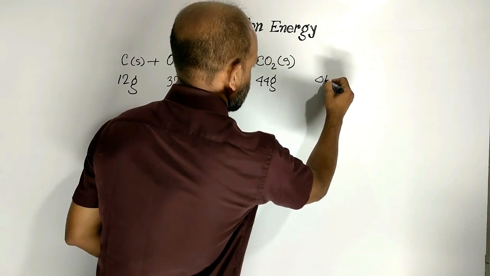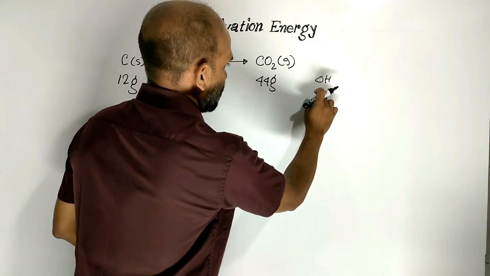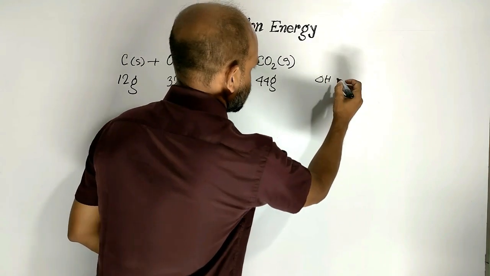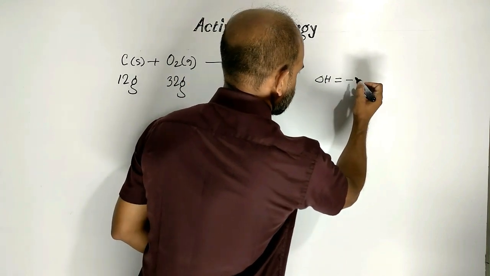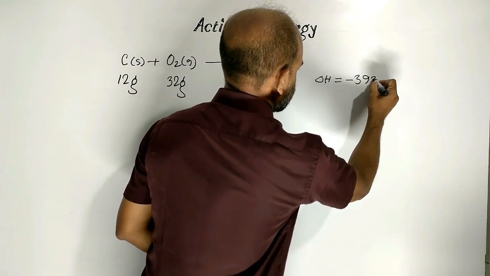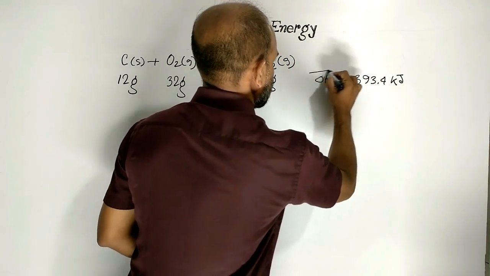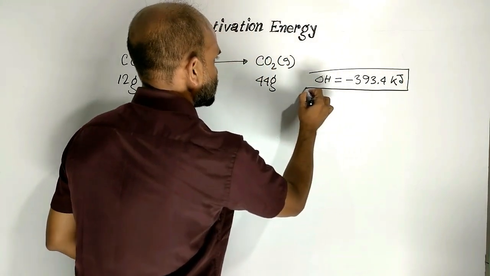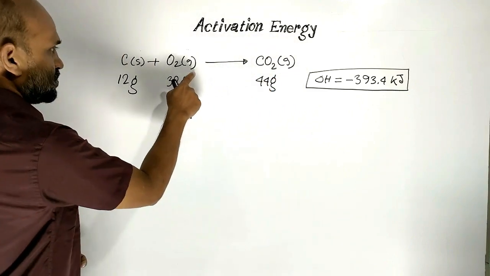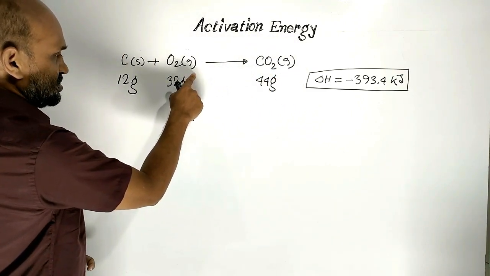Here, amount of heat released is minus 393.4 kilojoule. This amount of heat is released from the reaction to the surroundings.